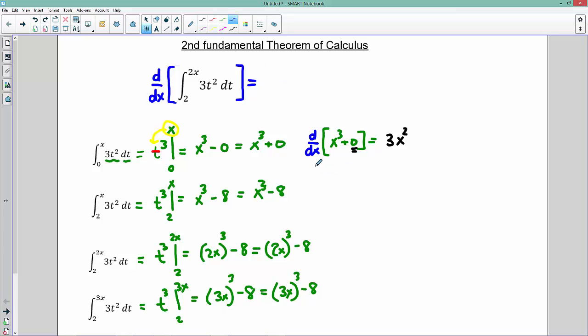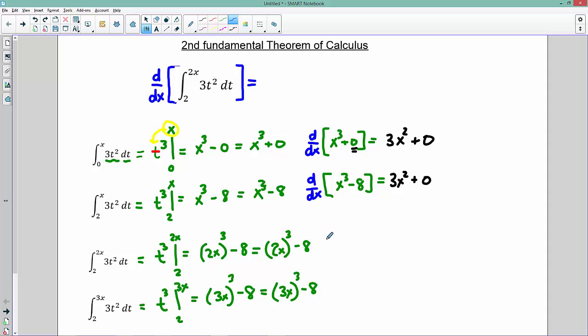And let's do it for the next one too. So let's take the derivative with respect to x of x to the third minus 8. Now look what happens, right? We get, let's put that plus 0 here, even though we normally wouldn't write it, 3x squared, and the derivative of negative 8 with respect to x is 0.